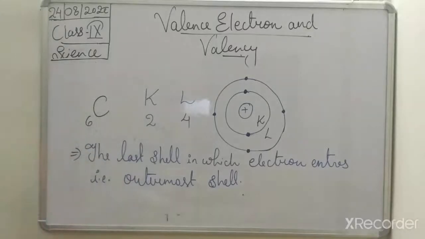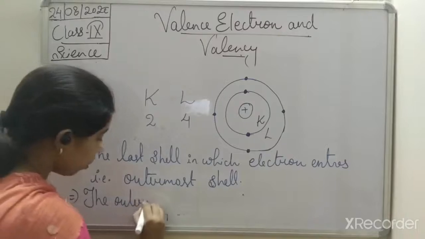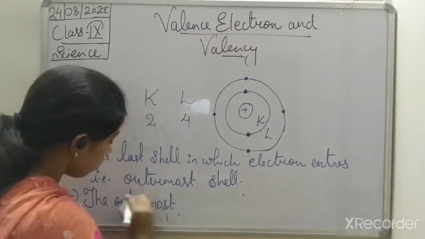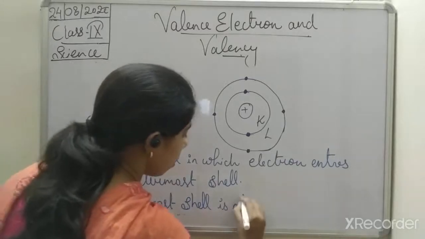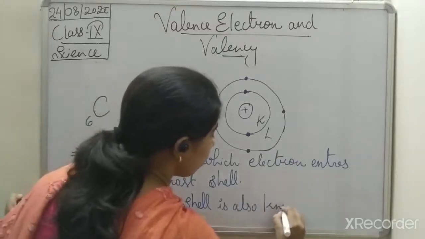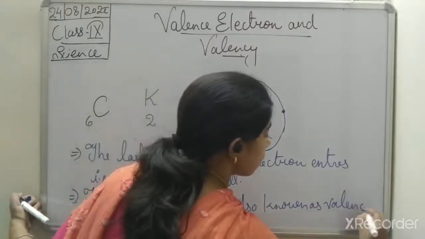So we can write it: the outermost shell is also known as the valence shell.